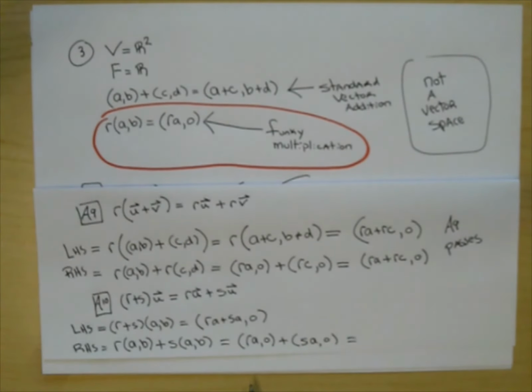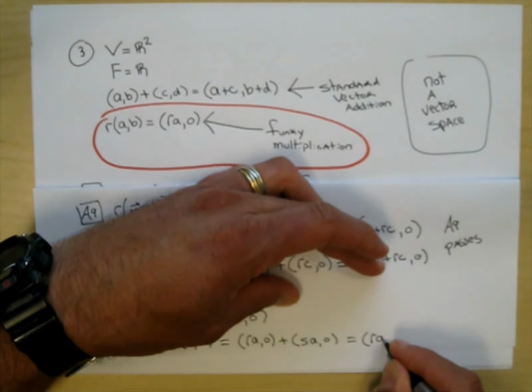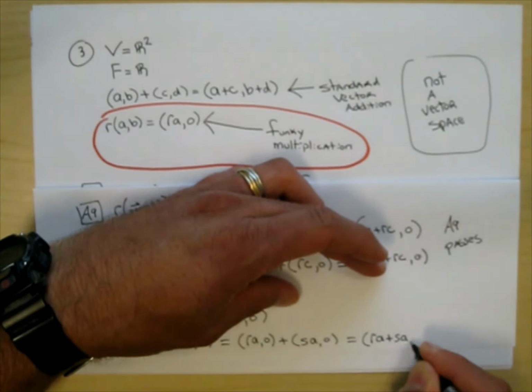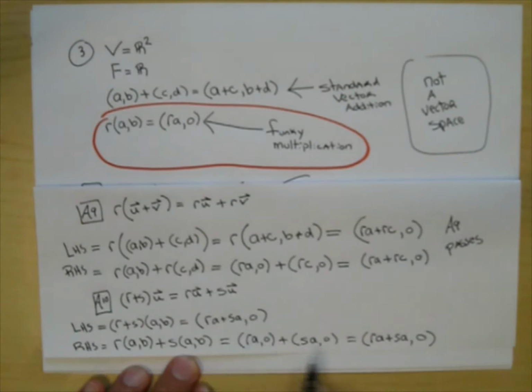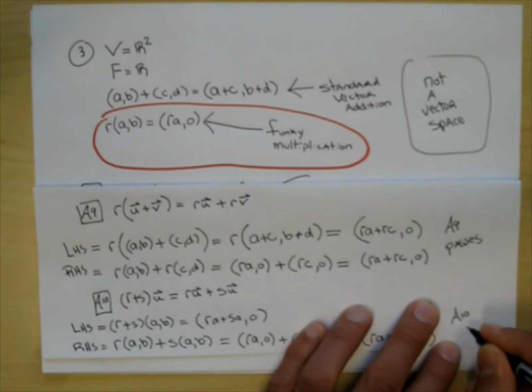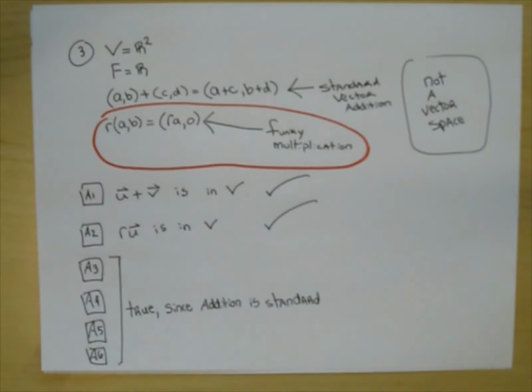Okay, funky multiplication is done, and then I'm going to do standard vector addition, which gives me RA plus SA, and then 0 plus 0 is 0, which gives me the same thing. Left-hand side equals right-hand side. A10 passes. So, wow, this is not a vector space.